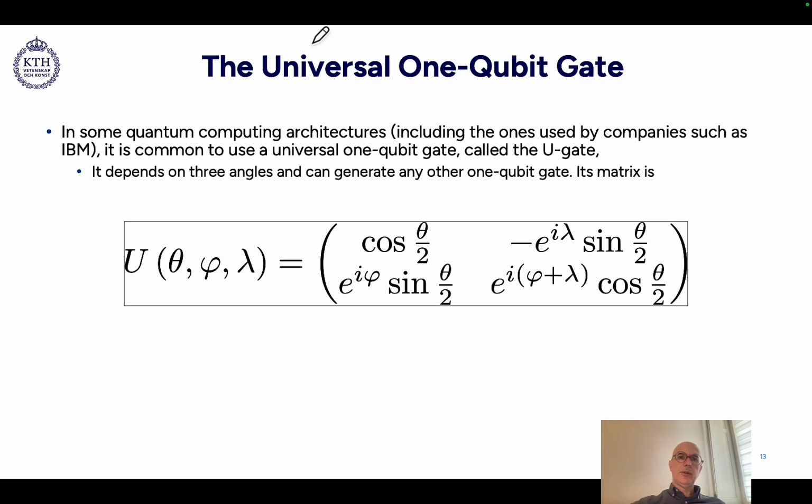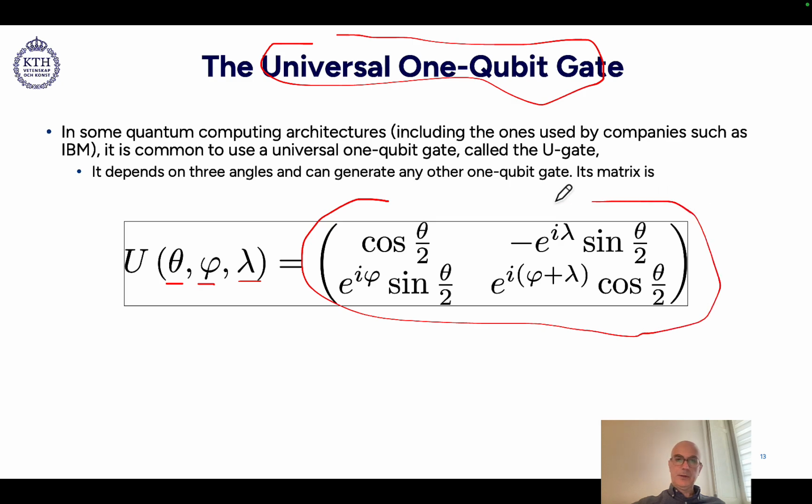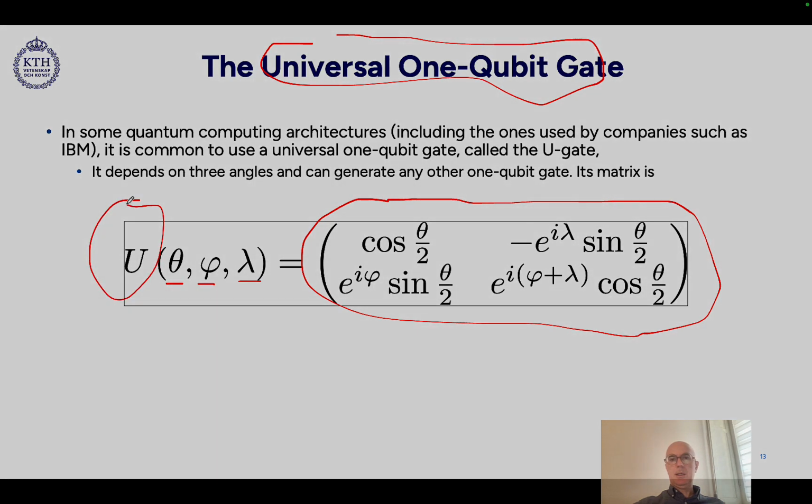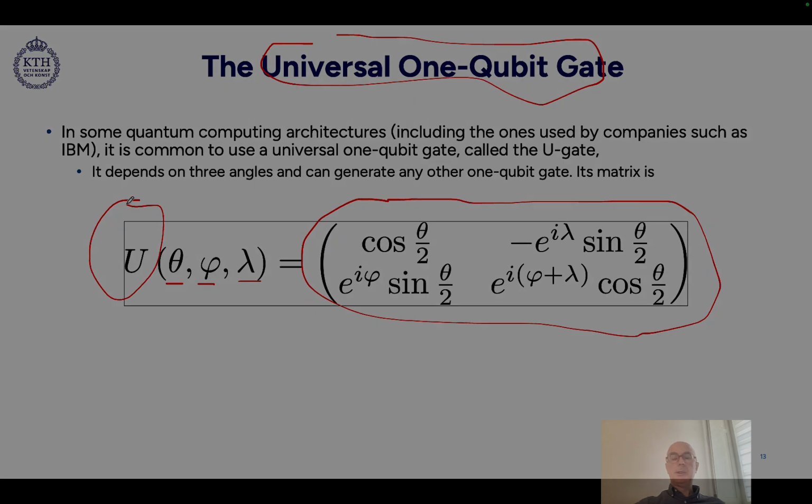This is called the universal one qubit gate. This universal quantum gate depends on three angles, theta, phi, and lambda, and this is the specific formulation using the matrix expression. So we can use this formulation to express any one qubit gate.